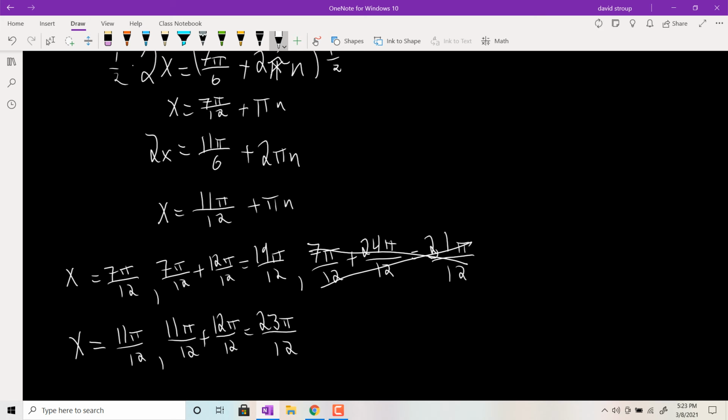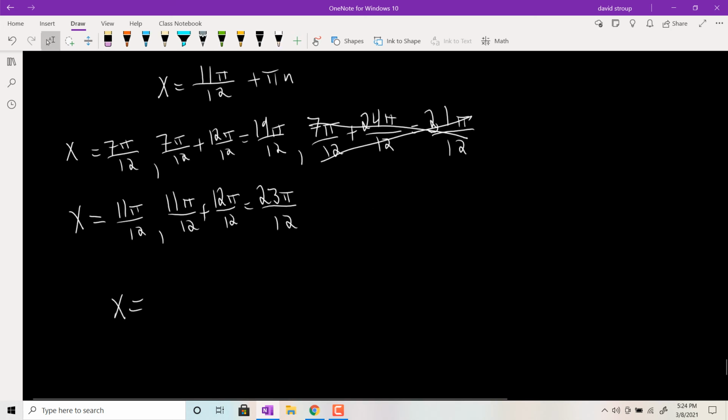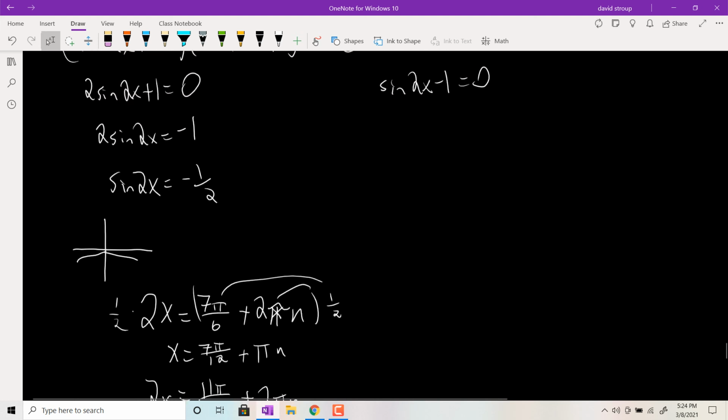And then you have the next one, which is 11 pi over 12 plus 2 pi, and of course, that one will go out of bounds again. So just from this one part, we have 4 solutions. We have x equals 7 pi over 12, 19 pi over 12, 11 pi over 12, and then 23 pi over 12. Okay, let's look at our other guy.